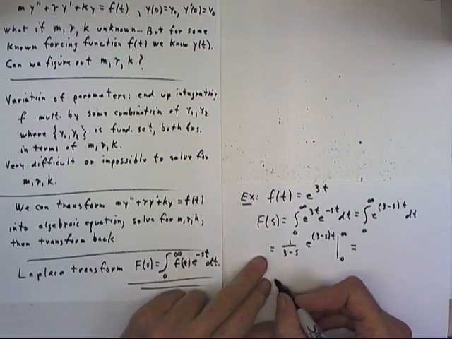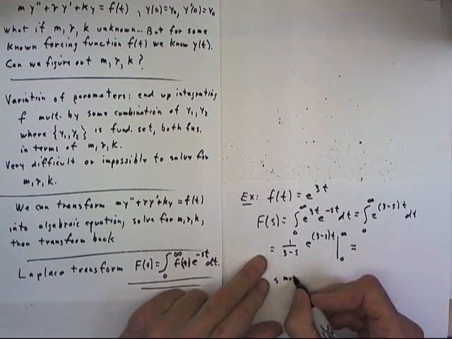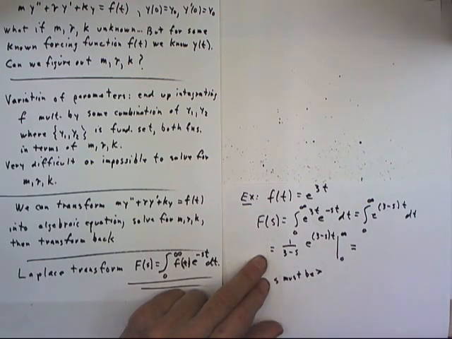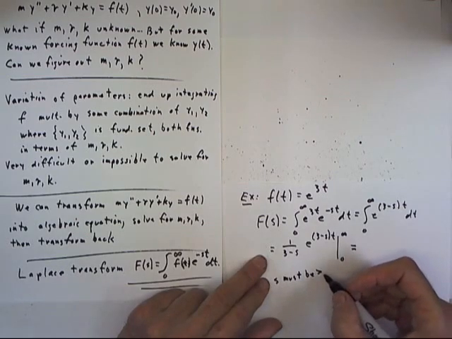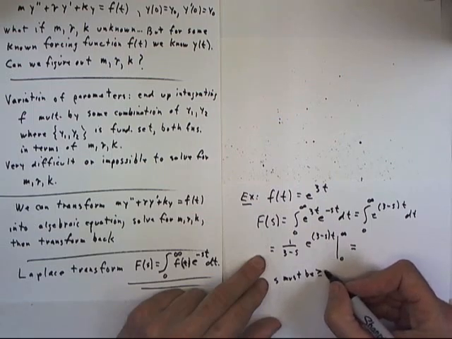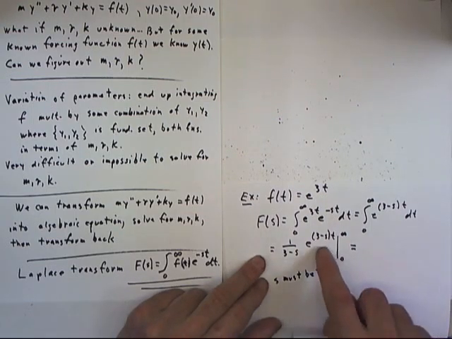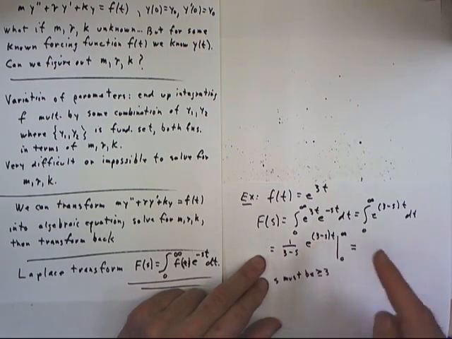So we'll make a note here. s must be greater than or equal, could be equal, because if s equals 3, the exponent is 0, we get e to the 1.